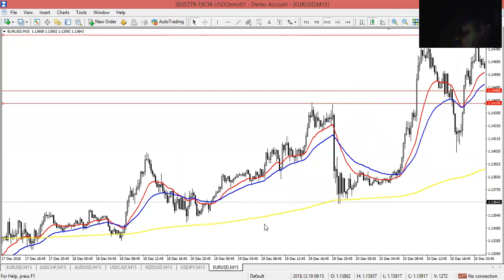First of all, wait for the pullback. Once you come here, you already see this. So you wait for your pullback, which is this. Then you enter somewhere around here. Then you ride your wave.